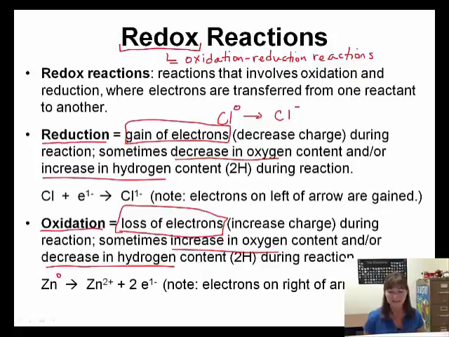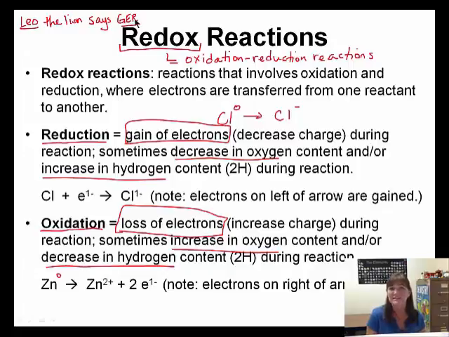A couple things. I'm going to tell you how I tried to remember this. I have a couple little acronyms for you. There is a saying that says, Leo the lion says grr. What you focus on is the Leo and grr. This is loss of electrons is oxidation.